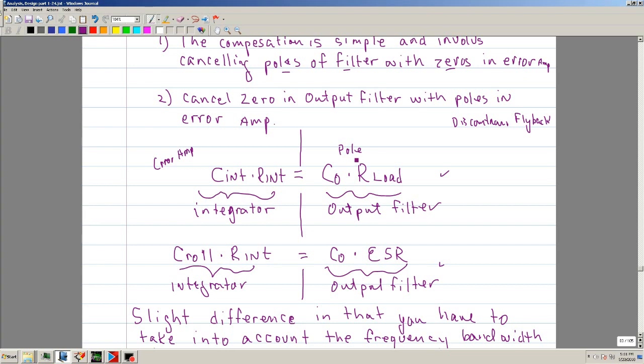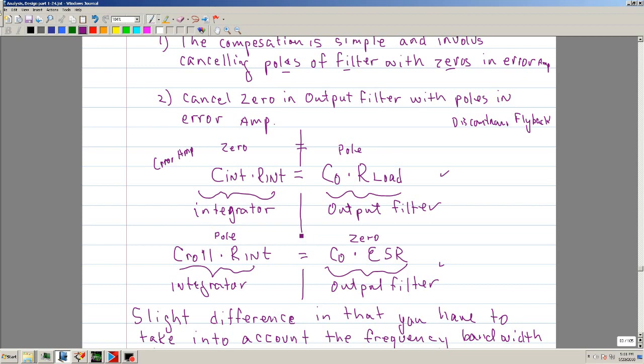What you want to do is set the zero to the same frequency as your pole, so they cancel out. And this is the output filter with the ESR associated with your output filter. Those two form a zero, and what you want to do is cancel it with a pole.